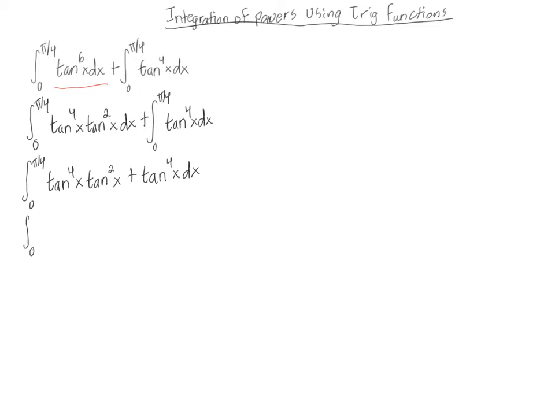So it's the integral from 0 to pi over 4, tangent 4x as our factor, times tangent squared x plus 1 dx. That's how we would set that problem up.